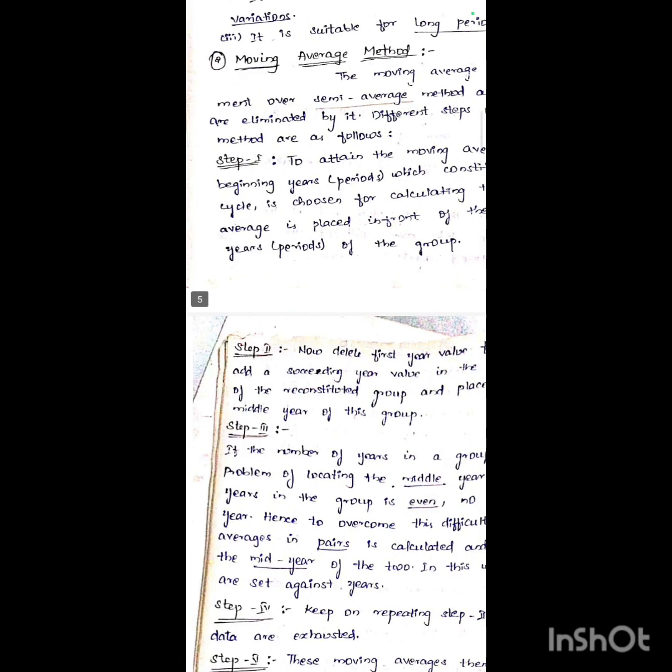Step number 1: to attain the moving average, a group of beginning years or periods which constitute a business cycle is chosen for calculating the average. This average is placed in front of the middle of the year periods of the group. For a two-period moving average, you consider two values and take the average of the given data.